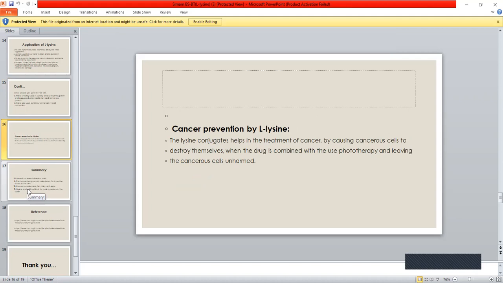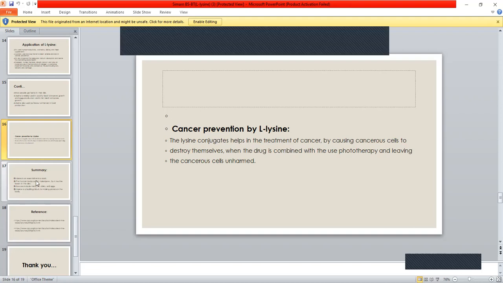Cancer prevention with L-lysine. How does lysine play an important role in cancer prevention? Lysine conjugates help in the treatment of cancer by causing cancer cells to destroy themselves when the drug is combined with phototherapy, leaving the cancer cells unharmed.